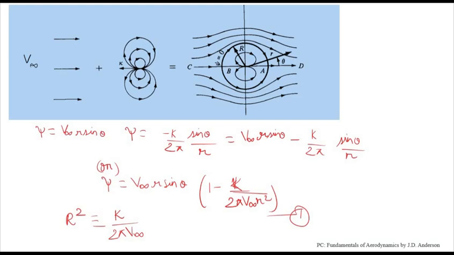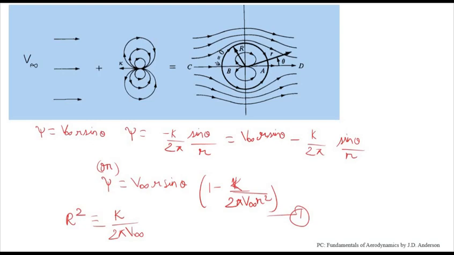Now there is one point to be noted over here. The psi equal to 0 streamline we have, right? Since it is going through the stagnation points, it is dividing the streamline, correct?